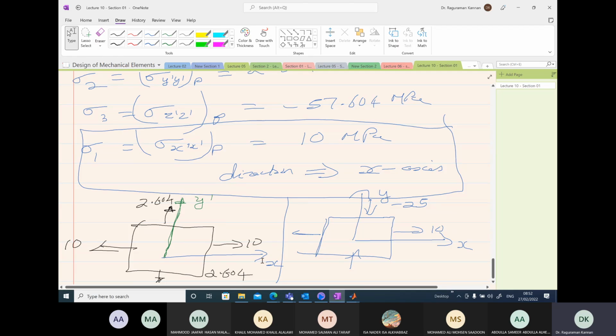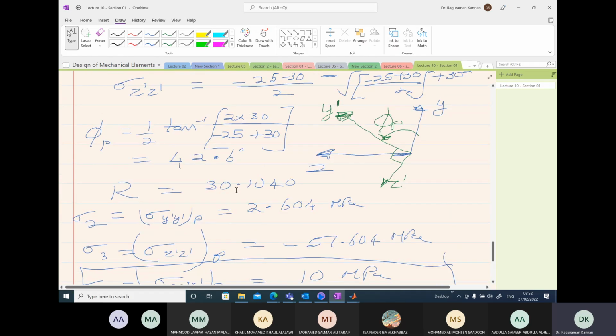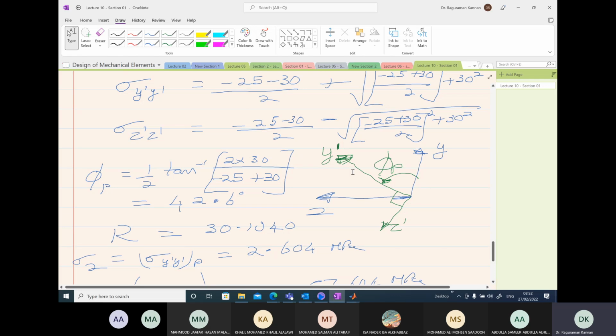You have to look at the problem from 3D orientation. Although it looks like the y and y prime axis in 2D is directed in the same way, actually we are looking at a different plane. The xy plane is different from xy prime plane. If you look from the 3D point of view, remember the x-axis is coming out of the board here. From the origin towards your face, that is the x-axis.